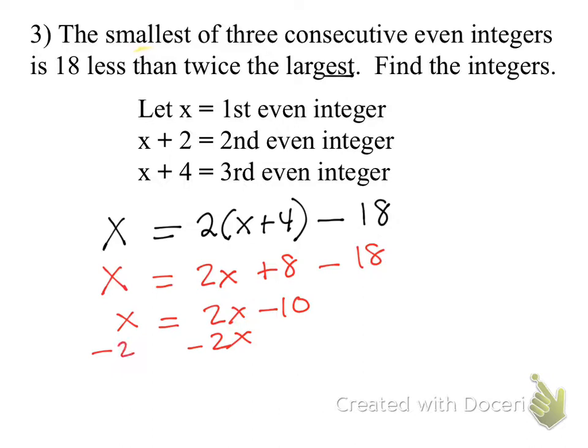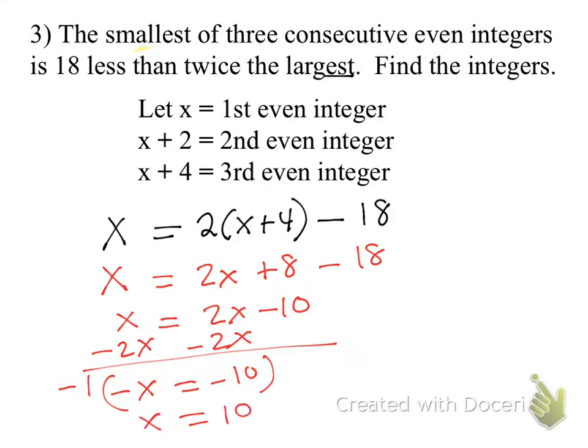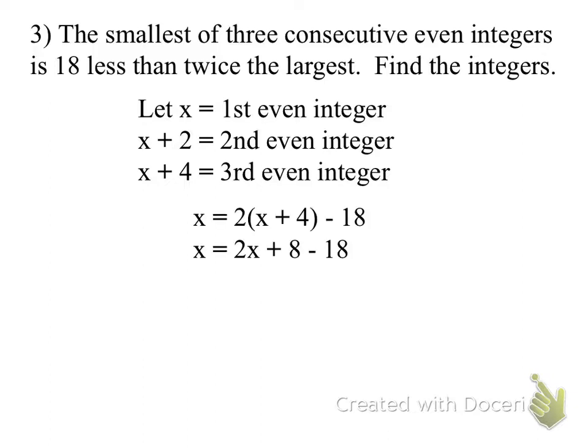Subtract 2x, subtract 2x. Negative x equals negative 10. Multiply by negative 1, I get x equals 10. So the first even integer is what? 10. The second? 12. The third? 14. Or 10, 12, 14. Okay, questions? Okay. One more problem.